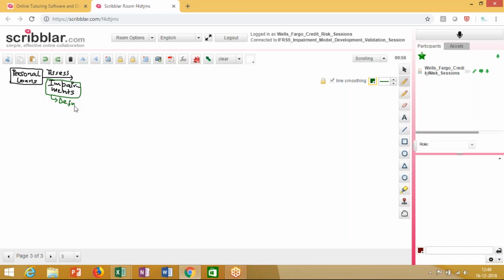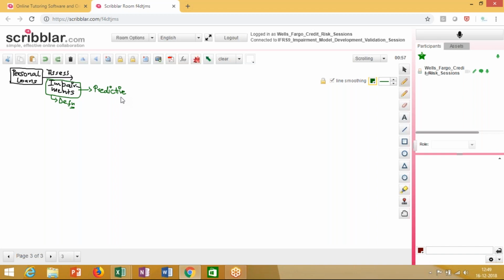Now, unlike the incurred loss model approach, the impairment over here is predictive in nature and not adaptive. So how do I make this predictive? I make this predictive by incorporating my account management strategies, or my account management team, into the story the moment I assess a loan.